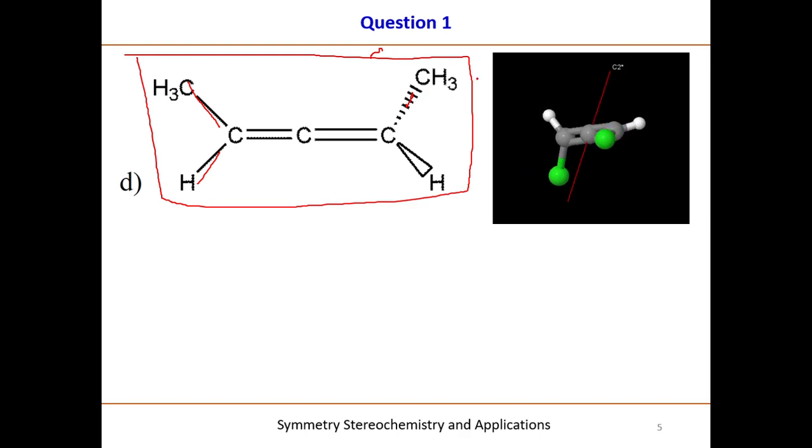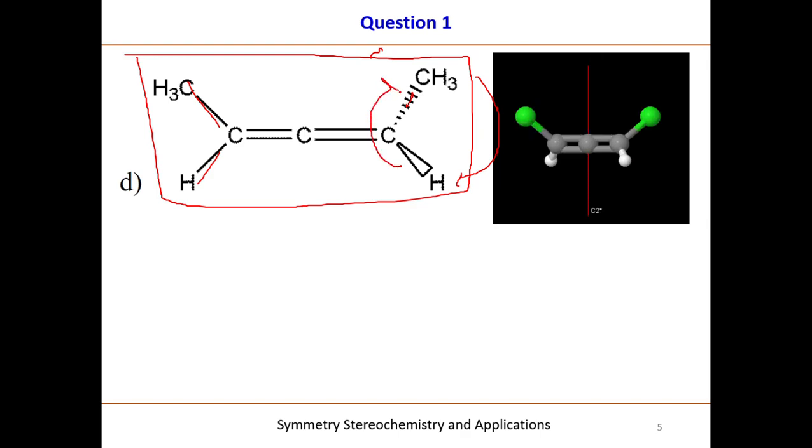The back side of the plane will come upside, and the upside one will go down if you pass the plane. That means it will not remain identical to the original one, because CH3 will come on wedge and H will go to dash side. That means it is not a plane we can consider here.